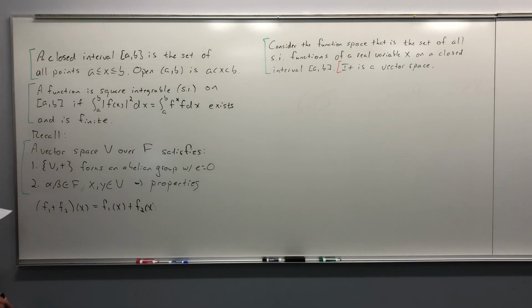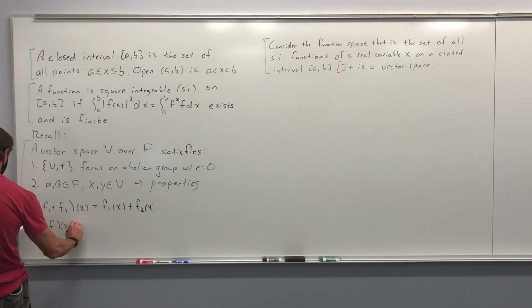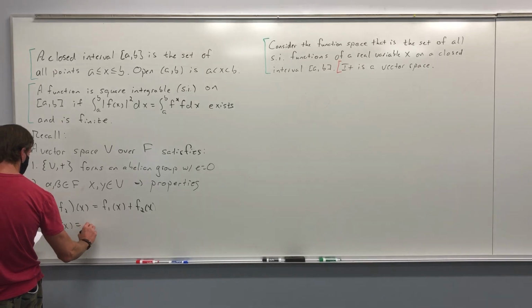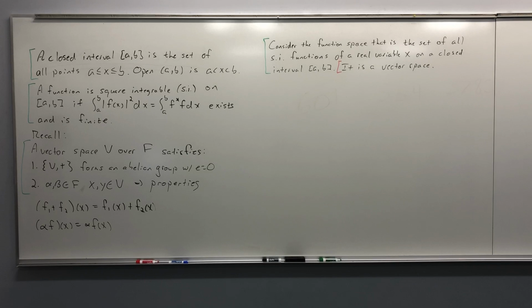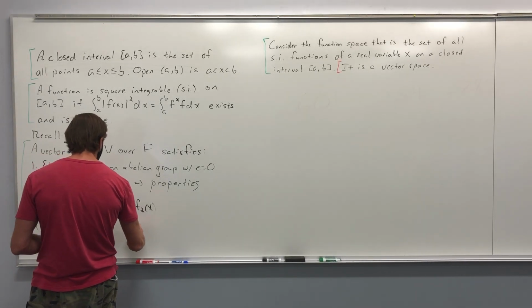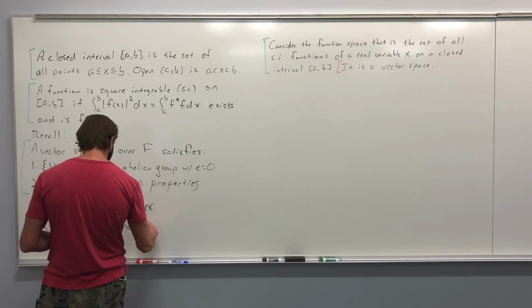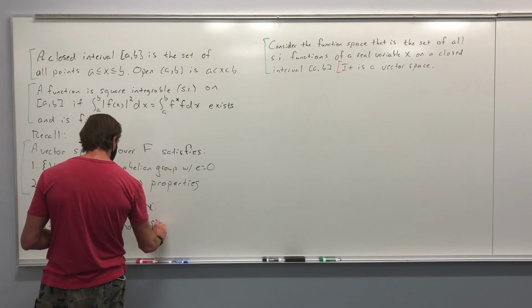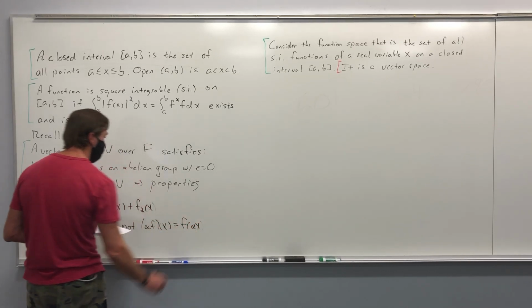Okay? And if I take a scalar times a vector, then that's just equal to the scalar times the vector as a function. Okay? Not equal to alpha f of x equals f of alpha x.